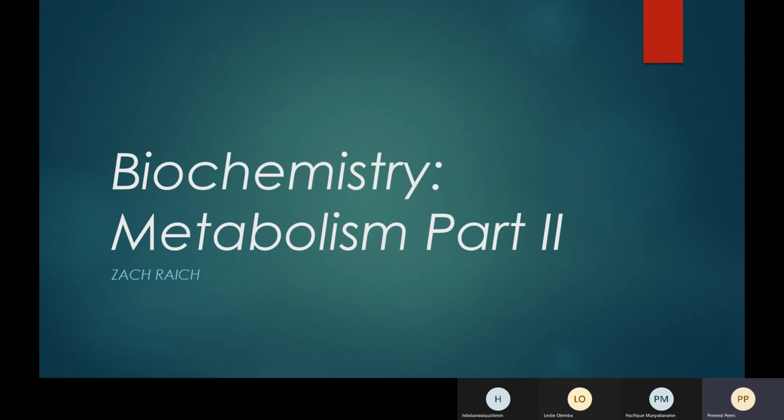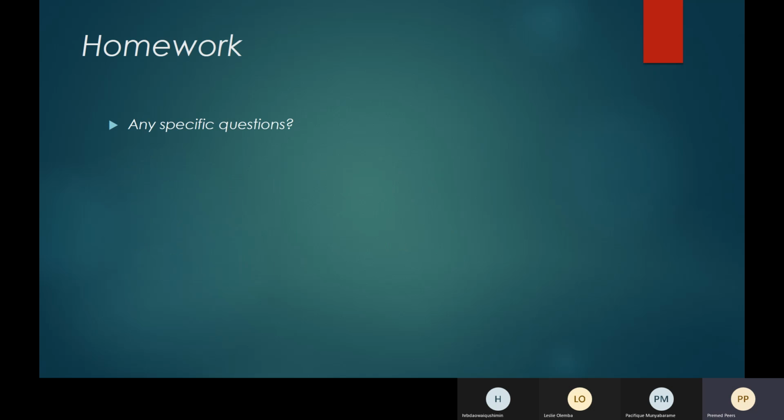So yeah, we're just continuing from last week's discussion of metabolism. I believe this is the last one. Probably a little bit less important this time, but there is probably just as much material here. So I'm assuming you all did the homework, the discrete questions from the 2 chapters in the book.